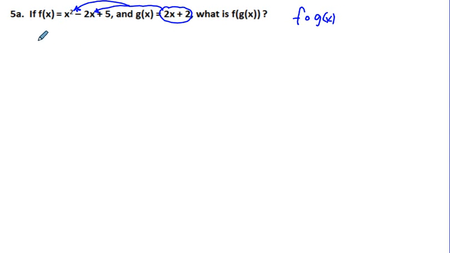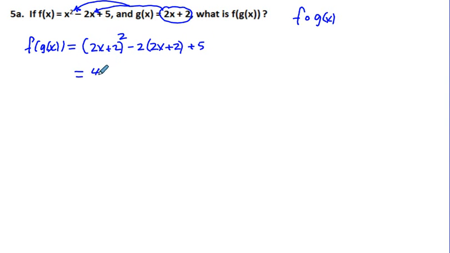So f of g of x is going to be equal to 2x plus 2 squared minus 2 times 2x plus 2 plus 5. And then we simplify everything. We're going to have our answer in a simplified form.